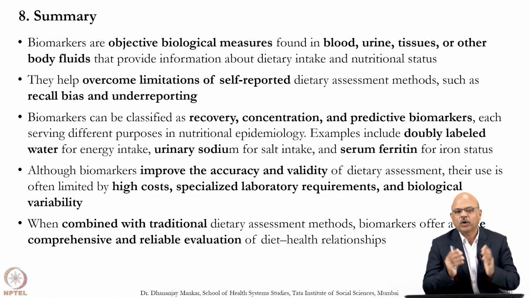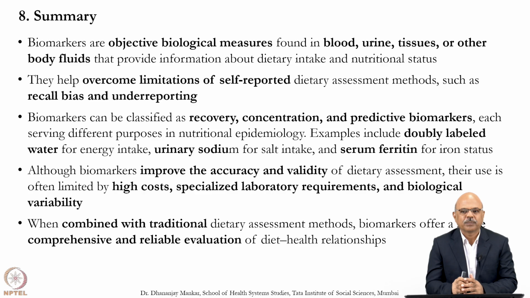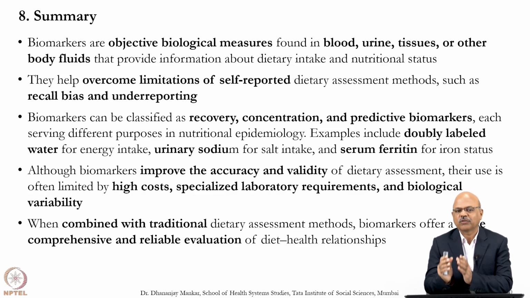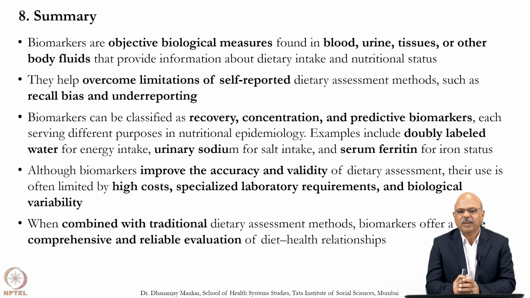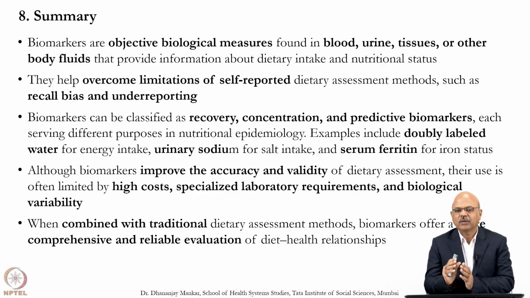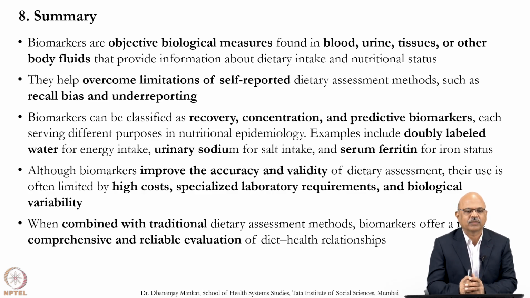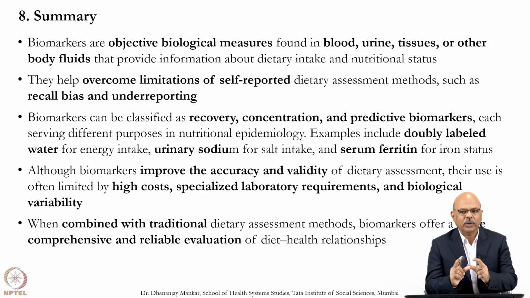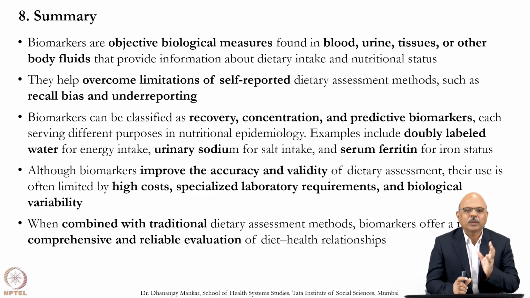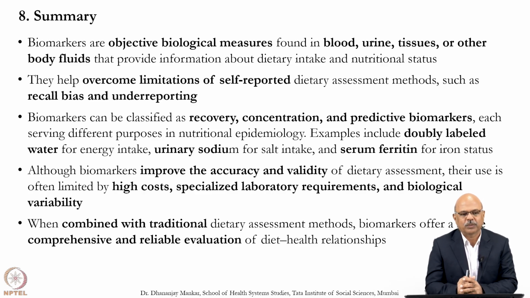Biomarkers can be classified as recovery, concentration and predictive biomarkers. Each serves different purposes in nutritional epidemiology. For example, doubly labeled water for energy intake, urinary sodium for salt intake and serum ferritin for iron status. So you can understand how different the purposes are in nutritional epidemiology.